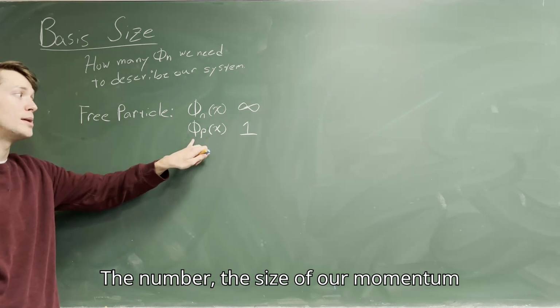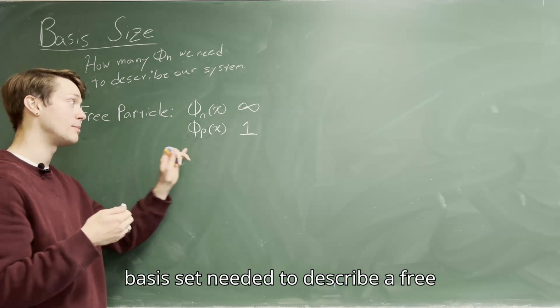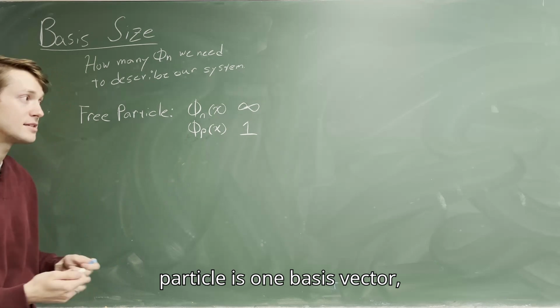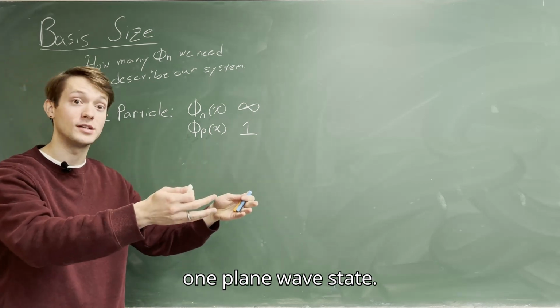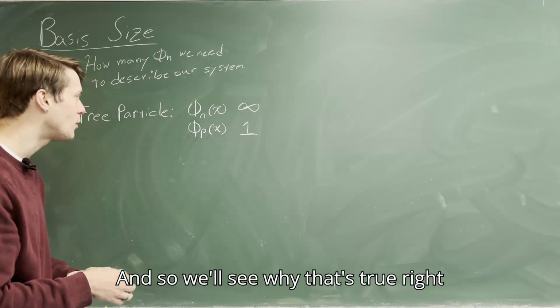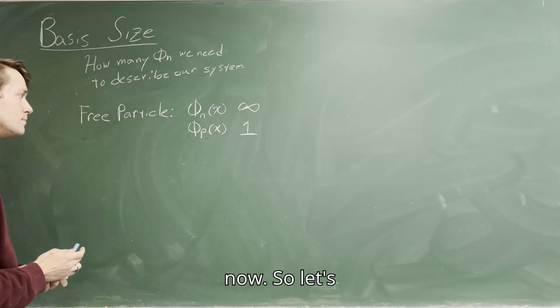The size of our momentum basis set needed to describe a free particle is one basis vector, one plane wave state. And so we'll see why that's true right now.